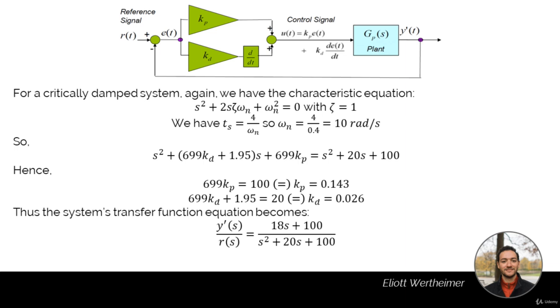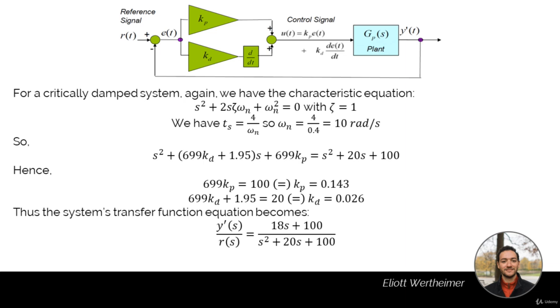Similarly, from the previous slide, we developed the full characteristic equation of our actual system. As it has to be equal to 0, its numerator has to be equal to 0, so we can write that the two equations are actually equal. On the left side we have the characteristic equation for our system, and on the right side we have the characteristic equation for the performance we want our system to have.